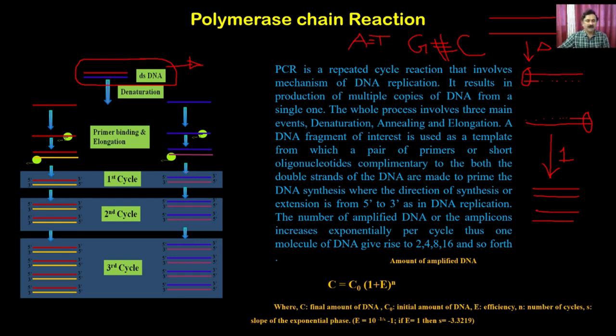So this is what is shown here: if you start with the double stranded DNA and denature it with the help of very high temperature, the DNA forms two strands. One is this template, the other one is this template, and after that you have to add the primer and the enzyme. Once the primer binds, it binds onto the complementary sequence.